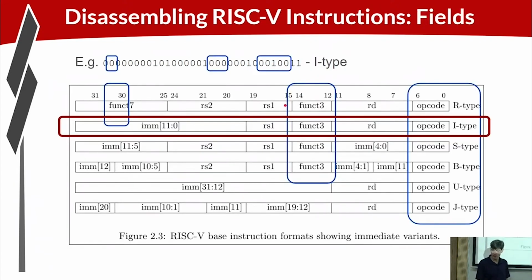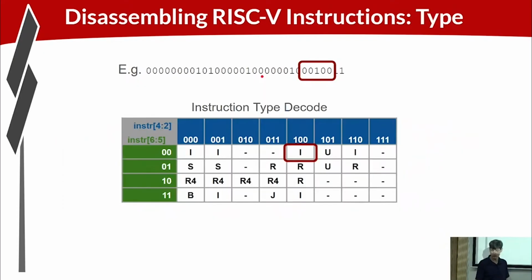Now that we know our type, we know the format, so we know what the fields represent. 0 and 1 what? In the last one?